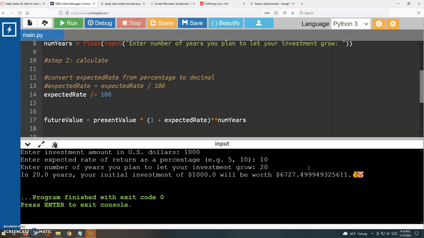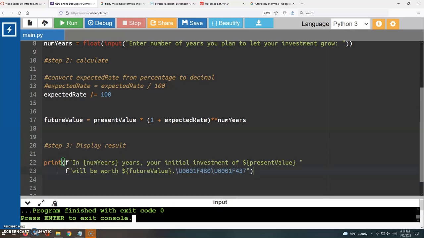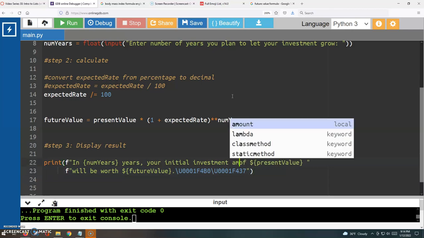I do want to show you how to manipulate the decimal precision, and I'll do that in a minute. Even though this was just a whole number, I still want it to look like real money with 2 decimals. So we'll do that. Let me see, your initial investment amount. Hang on, I'll add that first.